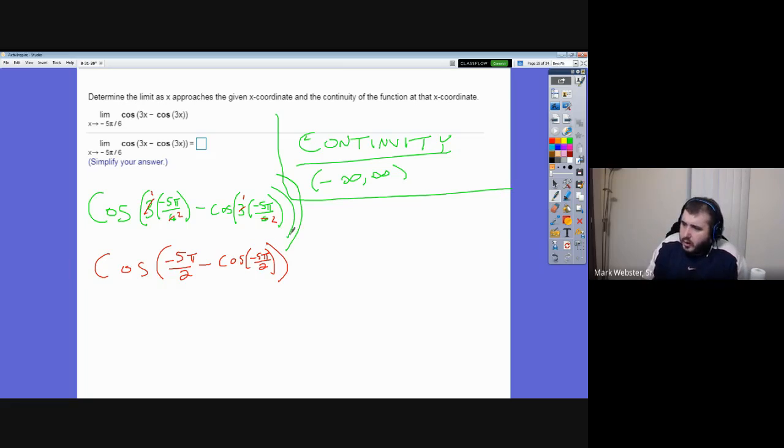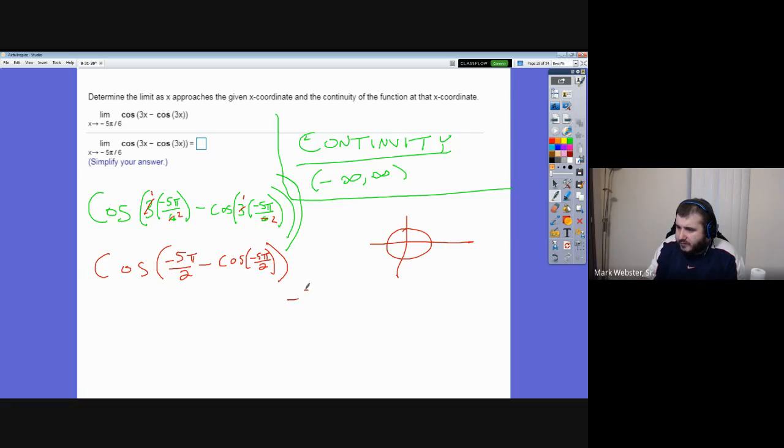Okay, so cosine of negative 5 pi over 2. Oof. So when you're dealing with this, don't leave it like this. Spin it up. Add 2 pi a couple times until you're between 0 and 2 pi, so it's easier to work with.